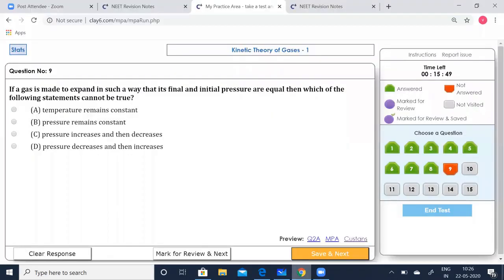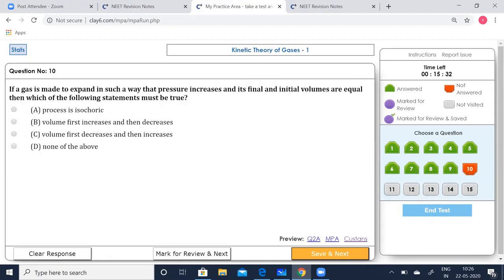Temperature remains constant throughout. So if the gas is made to expand in such a way that its final and initial pressures are equal, then temperature remains constant throughout. Yeah, that is not going to be there. So it cannot be true.